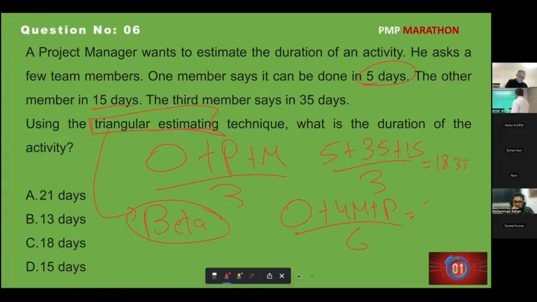Now beta: optimistic is 5, most likely is 15, 15 into 4 is 60, plus 60, plus pessimistic 35, divided by 6. 60 plus 35 plus 5 divided by 6, 16.666. If you look into that, even with the 16 point, this cannot be the answer, this answer is still C. So how does your answer change? Even if you get a different value, your answer remains the same. Your options remain the same.